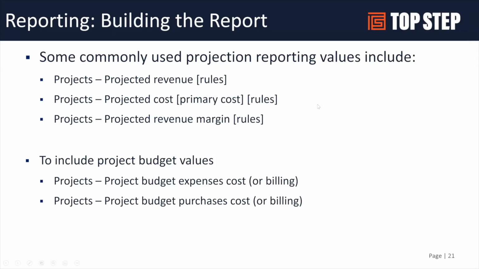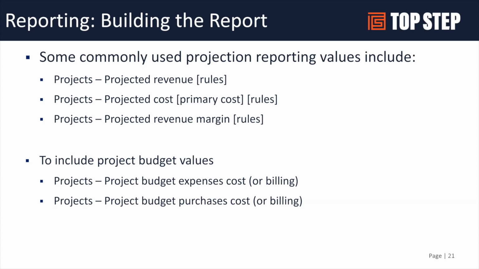So speaking of reporting, we mentioned a lot of these, but some of the most common projection-based reporting values: projected revenue, projected cost. If you're looking to do projected margin, right? Based on my bookings, based on my revenue, based on my billings, what is my projected cost?